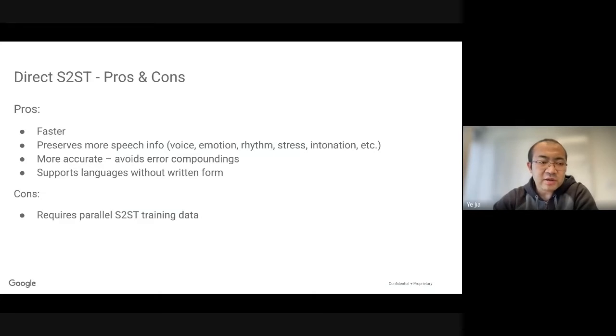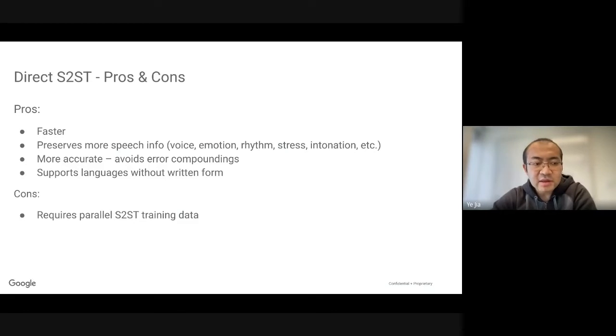So let's compare the two major approaches. The direct speech-to-speech translation approach has a few potential advantages. First of all, because there's less cascading, direct models are potentially faster and have lower latency than the conventional cascade models, perhaps especially for the end-to-end approach.